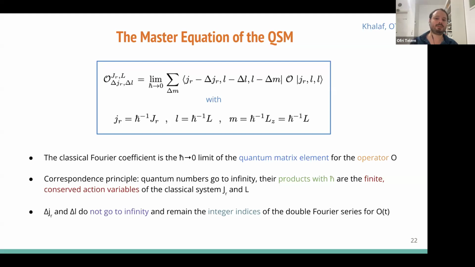So L is equal to LZ. I could have written M there on the right-hand side, but M is always equal to L because I'm in a planar motion. So actually, it's a little bit of a typo. I could have just written M here in the ket. It's not really a typo, but it makes it harder to understand maybe.